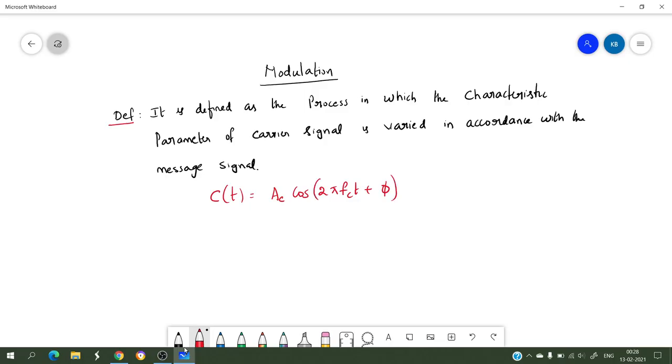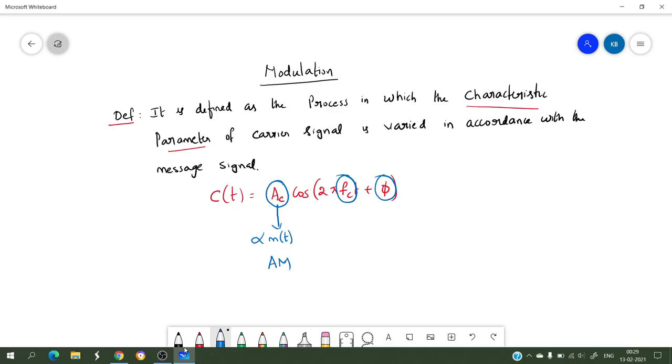So first we have to identify what are the characteristic parameters. This carrier signal has three different characteristic parameters: amplitude, frequency, and phase. If the amplitude of the carrier signal is varied in proportion to the message signal m(t), then it is called amplitude modulation.